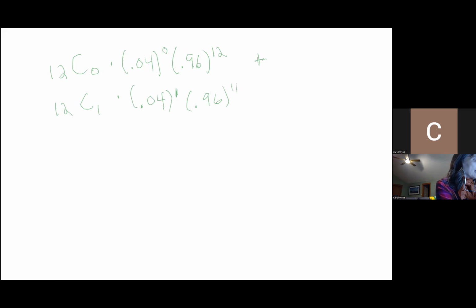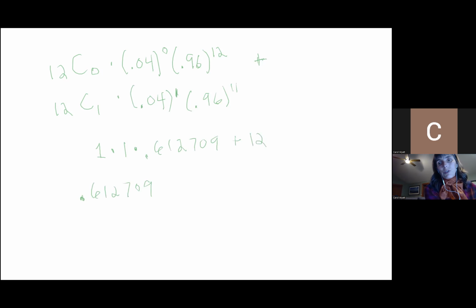I calculate this out. All right, 12 choose 0 is 1. There's only one way you can choose 0 things. Times 0.04 to the 0 is 1. Times 0.96 to the 12th is 0.612709. So far we have 0.612709, plus 12 choose 1 is 12.